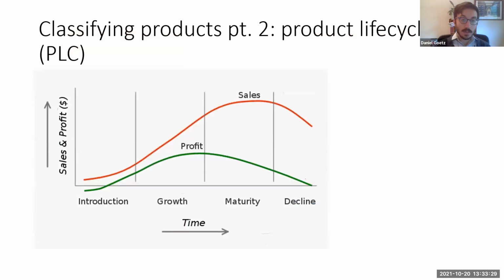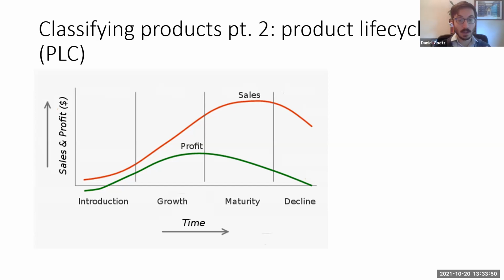So our next part of classifying products, after consumer types of product, is product life cycle. So at what stage in its life is the product? We can break down a product's life cycle into maybe 4 stages: introduction, growth, maturity, and decline.